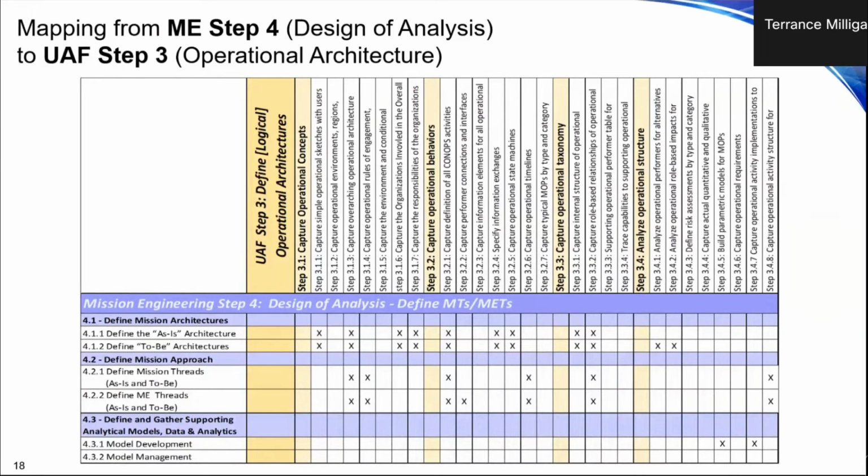So then we took the UAF workflow model and the new mission engineering workflow model, and then we started mapping. This is just a simple mapping of 1 step in mission engineering, step 4, design of analysis, and step 3 of the UAF workflow, which is your operational architecture. And you can start to see how the mission engineering takes advantage of the views and the UAF workflow.